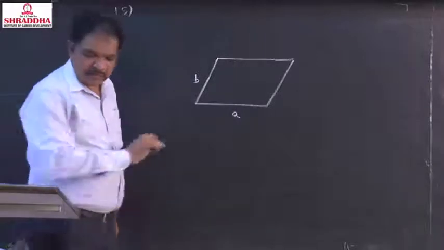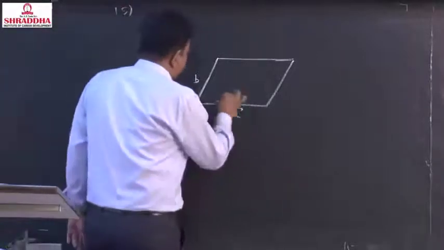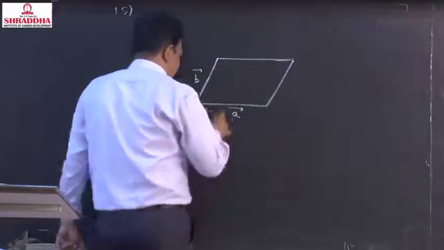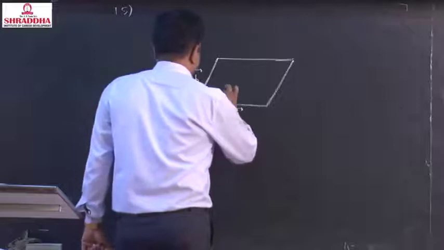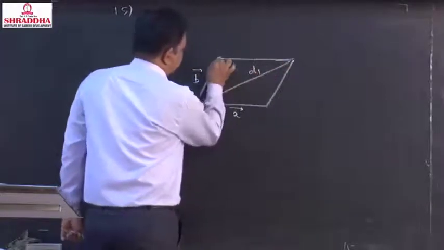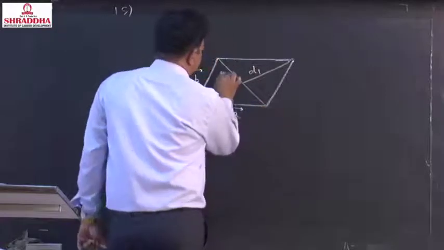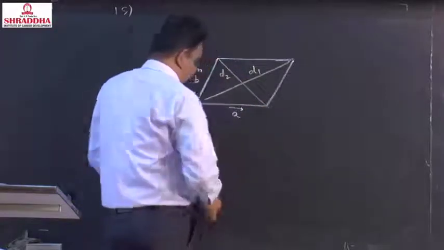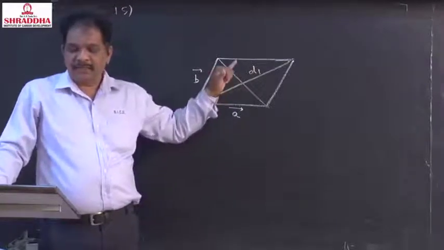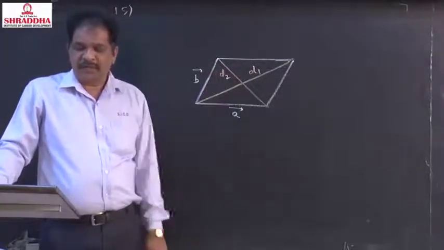Okay, then this will be one diagonal, will be D1. This is another diagonal, let it be D2. Then they are asking A square plus B square value will be how much?